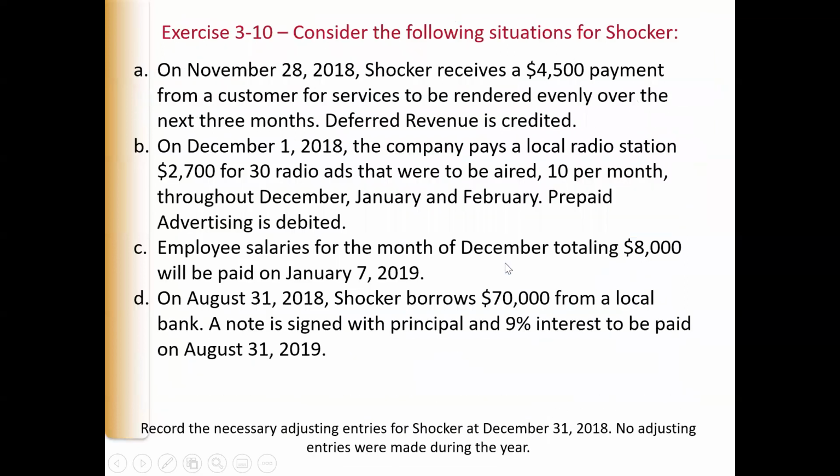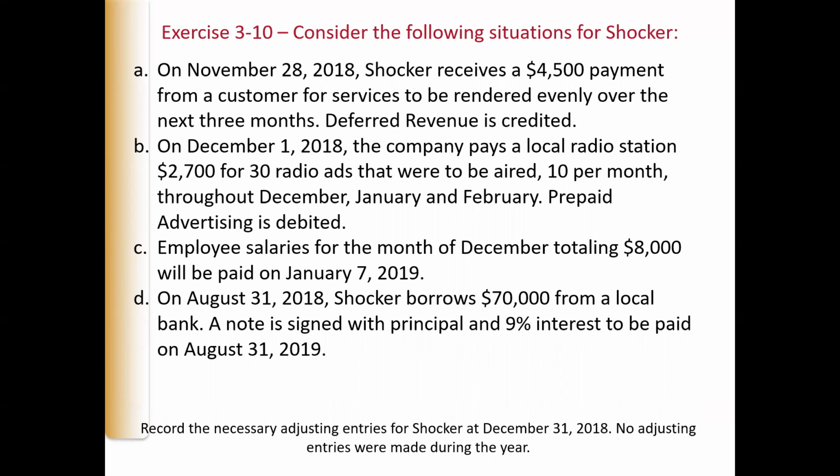No, I think I'll go back to this. Okay, so in this case, on November 28th, 2018, Shocker receives a $4,500 payment from a customer for services to be rendered evenly over the next 3 months.